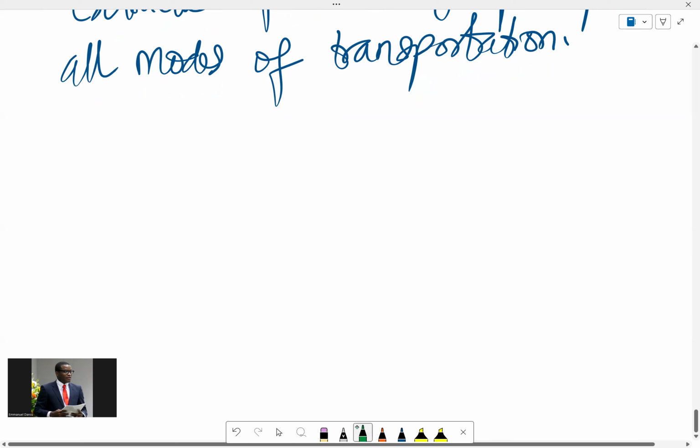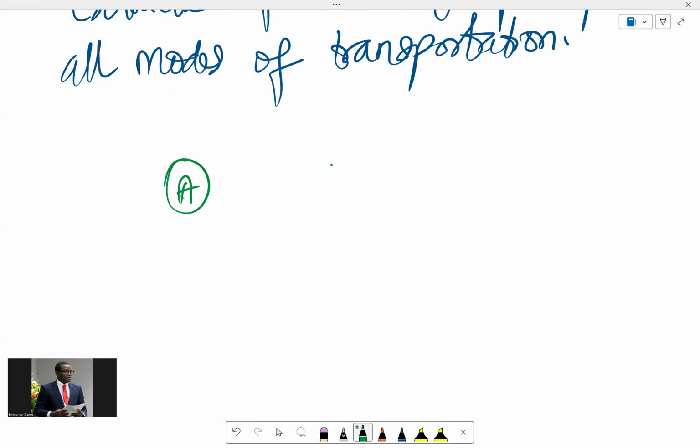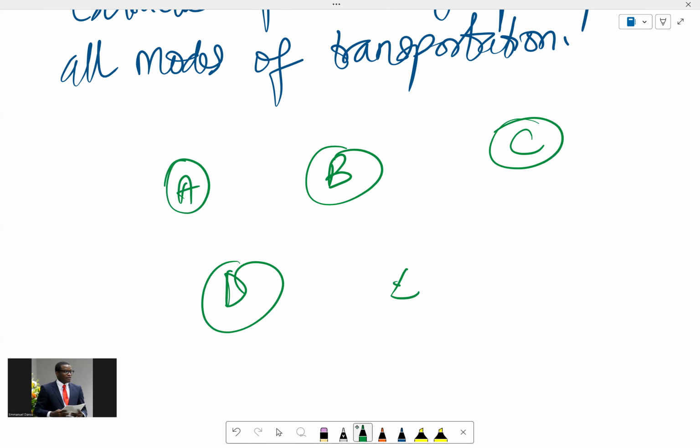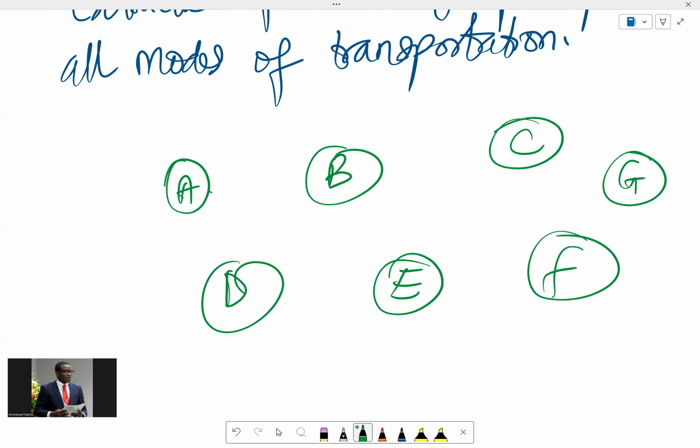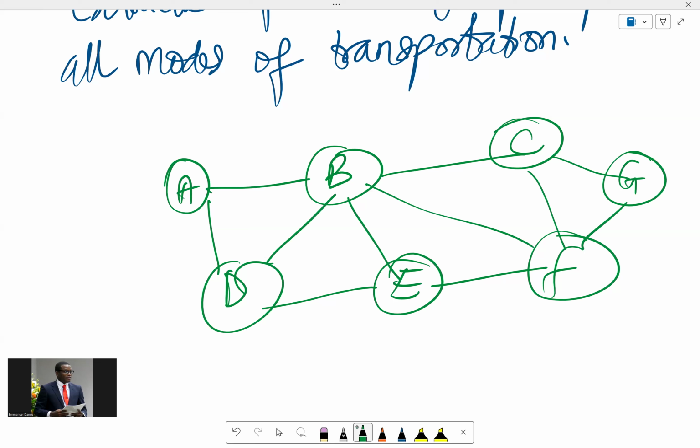Say you have A, B, C, D, E. I'm making it this large because maybe there's G here, and then you have all these connectivities happening all over the place.